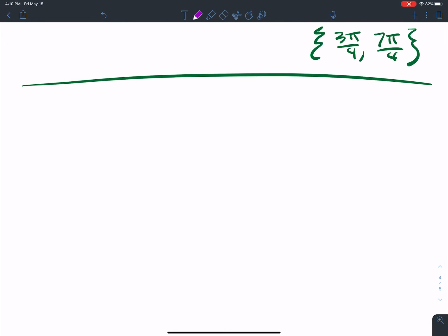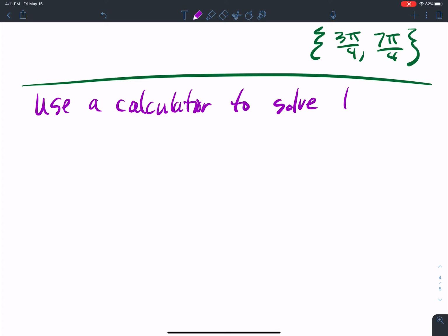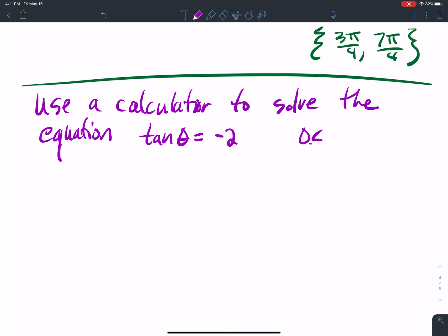All right, so now I want to use a calculator to solve the equation tangent theta equals -2. And I want to do it for theta between 0 and 2 pi.